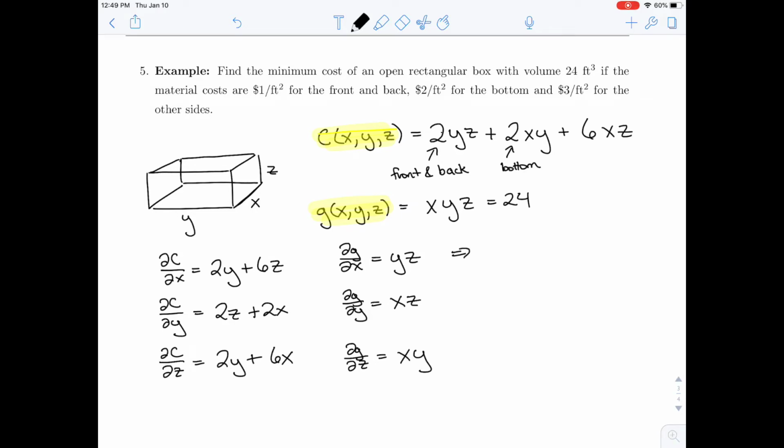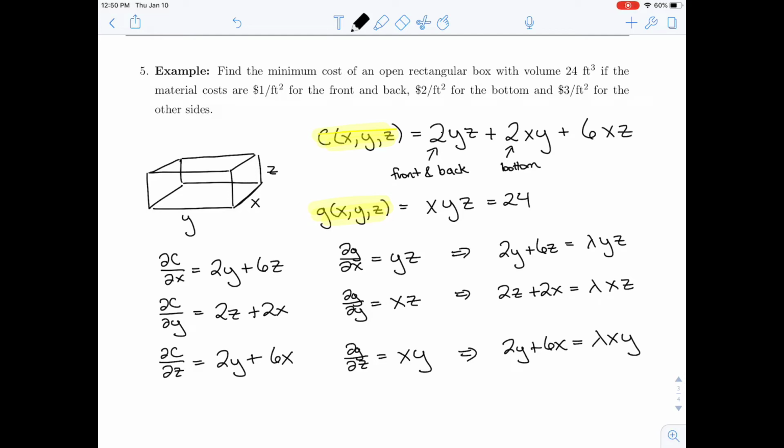And so what that does is that gives us three Lagrange multipliers equations. We have that 2y plus 6z is going to equal lambda yz. 2z plus 2x is going to equal lambda xz. And 2y plus 6x is going to equal lambda xy.